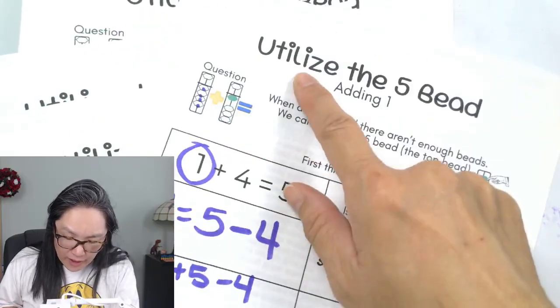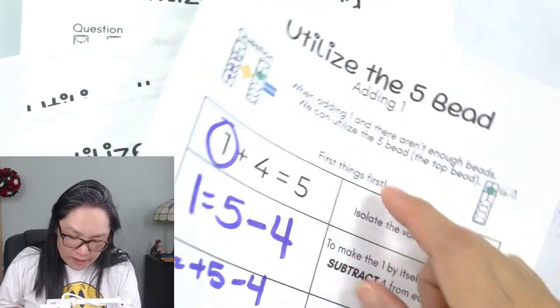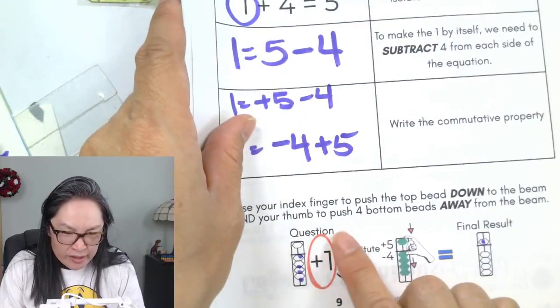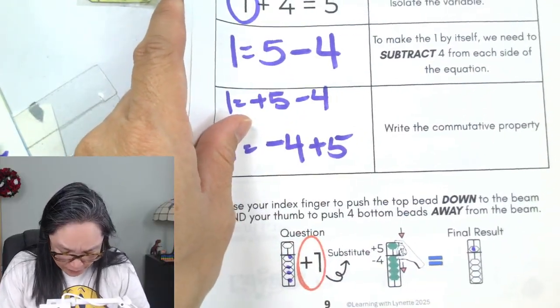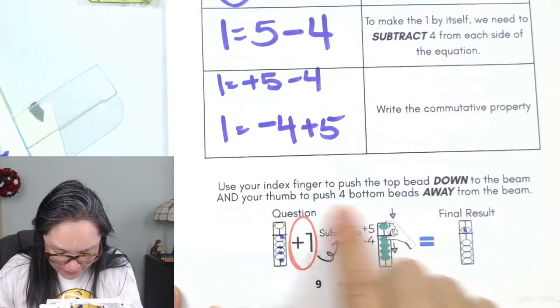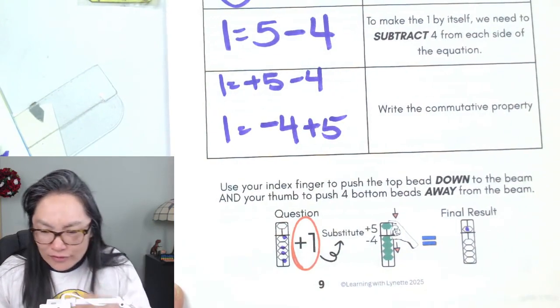So it would be the 5, utilize the 5 bead, adding the 1 and subtracting the 1. Adding the 1, subtracting the 1. I think that's going to work out. But the biggest thing is to make sure that I have the verbiage right, the copy right, because if I laminate it, it's going to be stuck for a very long time.